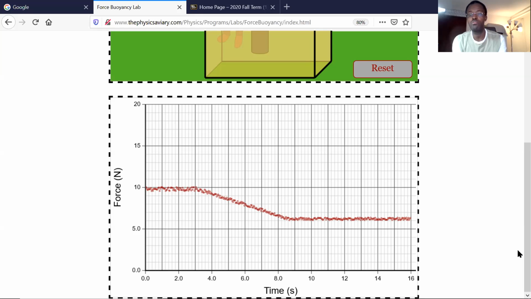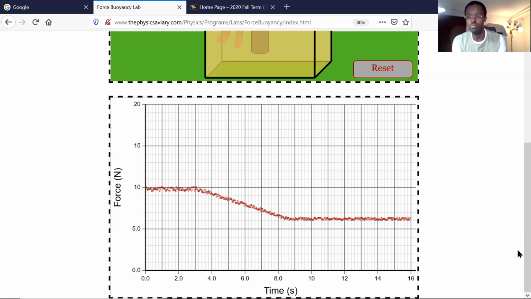Because you see, the buoyant force at least partially cancels the weight, or the force of gravity, on the bottle, which means that the bottle will weigh less inside the liquid. And we call that weight its apparent weight inside the liquid.